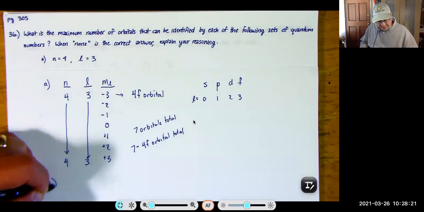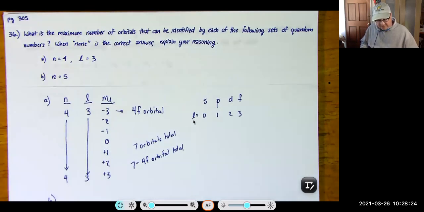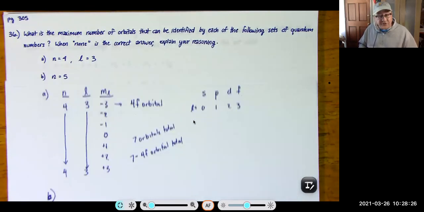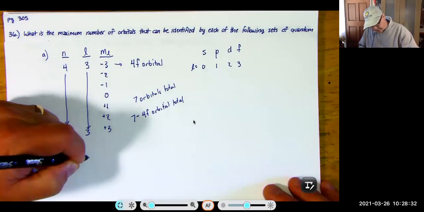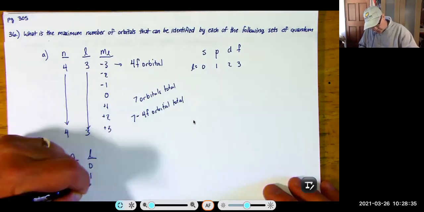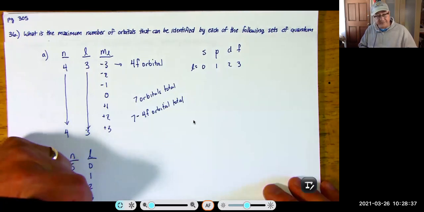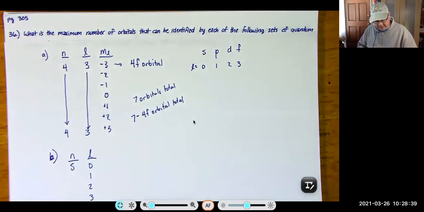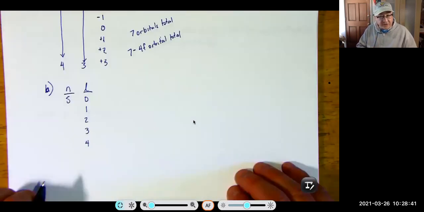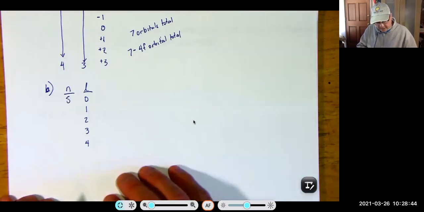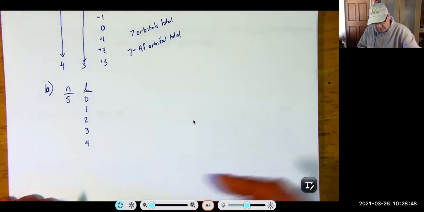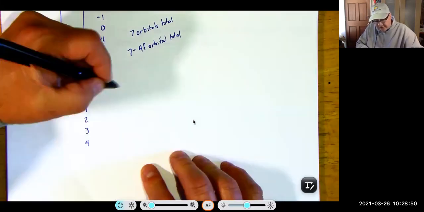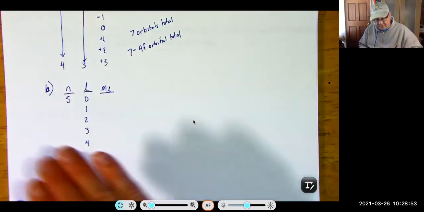For B, we have n equal 5. Well, we're going to answer this from the technical point of view, okay? So for n equal 5, l could be equal to 0, 1, 2, 3, or 4. So this is from the technical point of view. l can be anything up to n minus 1, so that would be 4. For m sub l, now here instead of going vertical, I'm going to go horizontal.